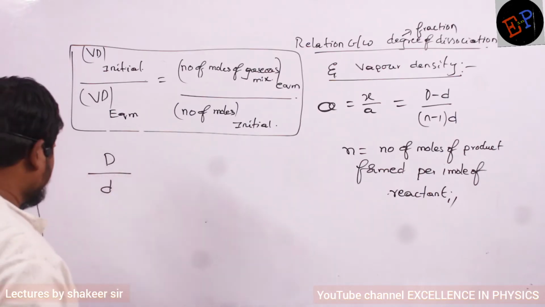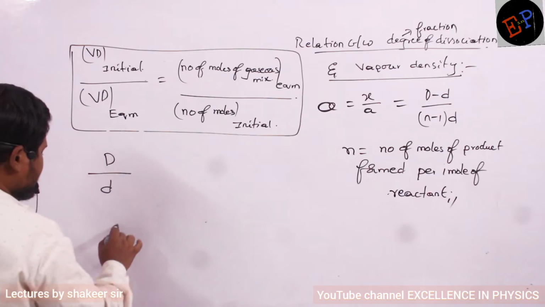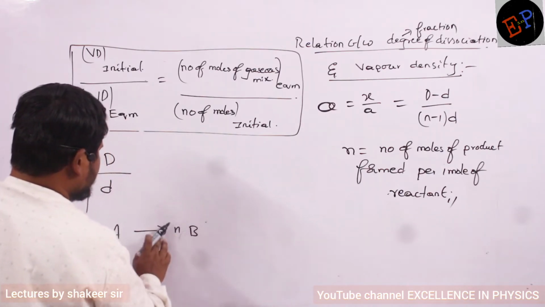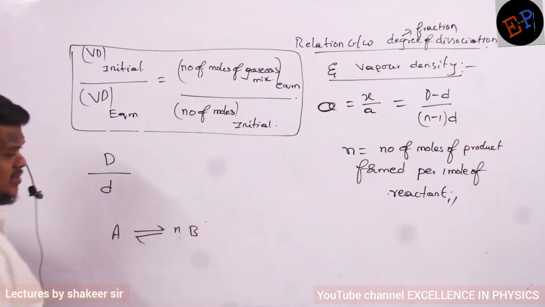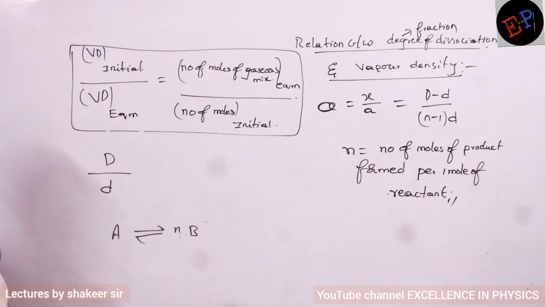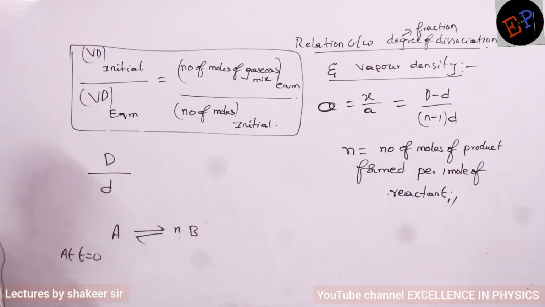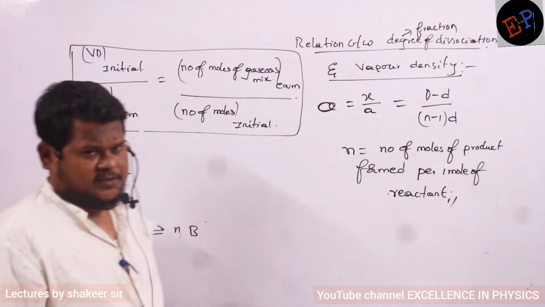For example, if I write any reaction, let us consider A converts into nB. Let us consider this is a reversible reaction. Are you able to understand? So listen very carefully. At t equals 0, let us consider 1 mole of reactant was present.